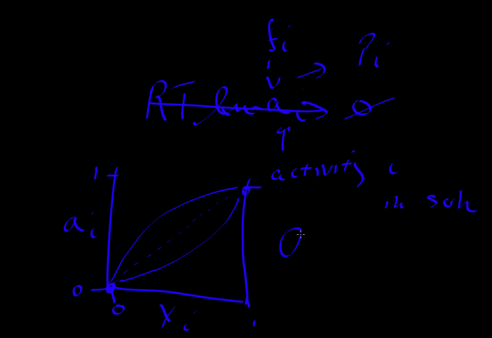But for anything in between, we might have curves that look like this or look like that. And then we could say that the activity of some substance is equal to a constant. Here we don't necessarily use H. We'll use lambda or gamma, which is a little more commonly shown in textbooks.